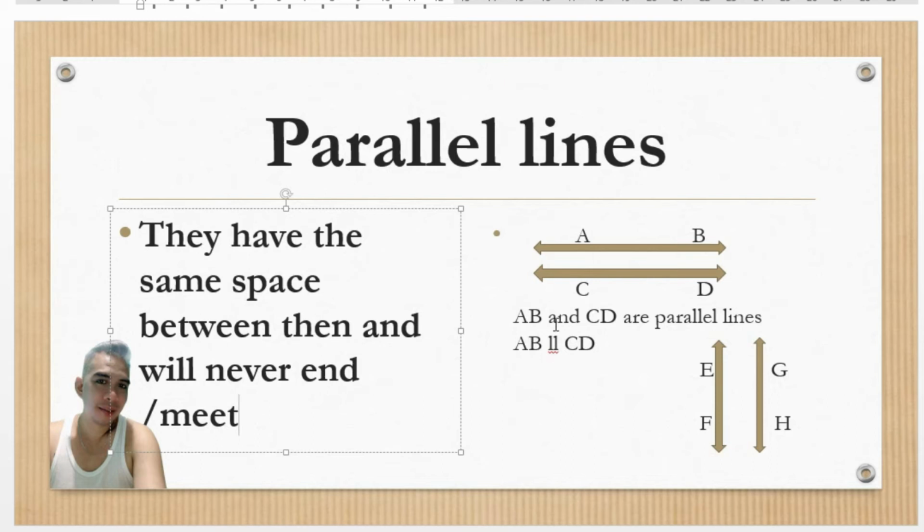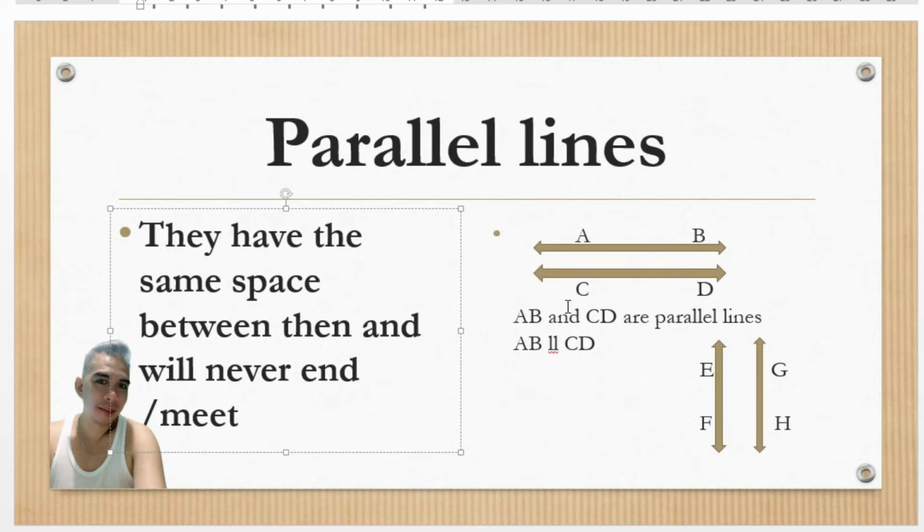So, yung parallel lines po, learners, ito po yung dalawang lines na never po sila nag-meet or hindi po sila magko-cross. So, mayroong space sa pagitan nilang dalawa. Hindi sila pwedeng magtagpo, hindi silang pwedeng magkadikit. Kaya tinatawag yung parallel lines.